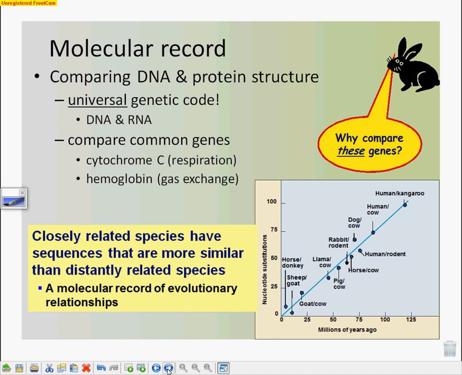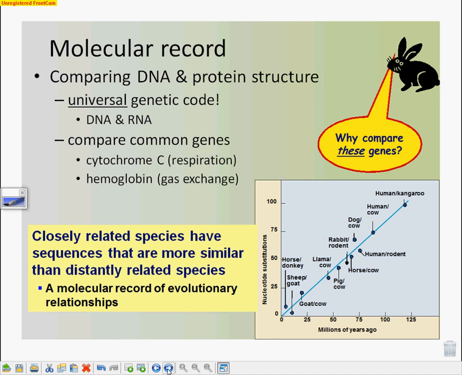If we compare those common genes and look at how many different nucleotide substitutions there are, we can begin to develop a record of who's most closely related to who. If you look at the chart down at the bottom, it shows how many millions of years it's taken to get all these different substitutions that have occurred. So it helps you to line up who's more closely related.